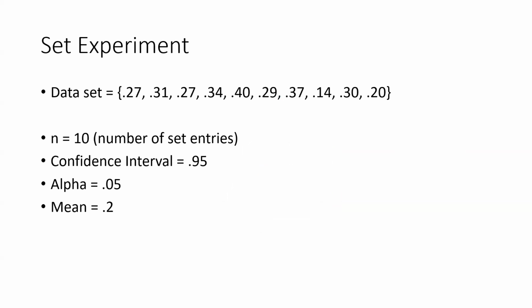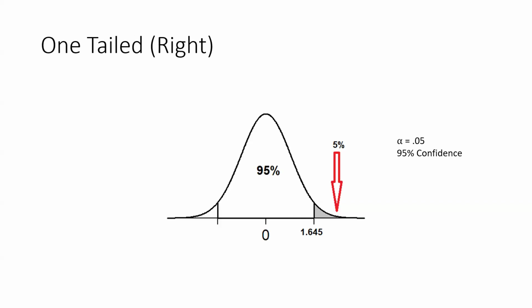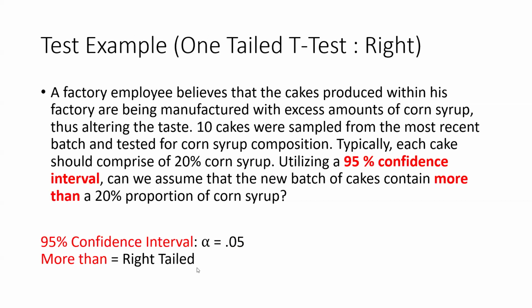So our data set, our observations, are up top, as you can see there in the braces. N equals 10 because we have 10 observations. Our confidence interval is 0.95. Our alpha value is 0.05, and the mean is 0.2. The mean was given to us here.